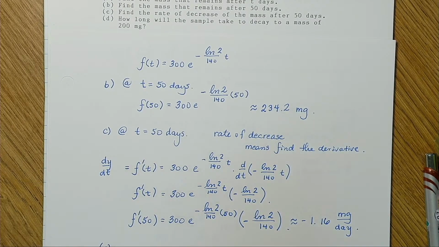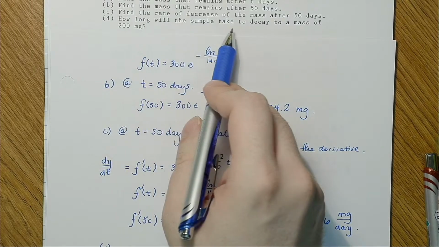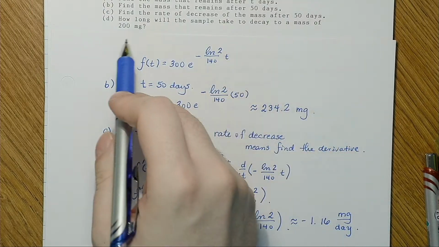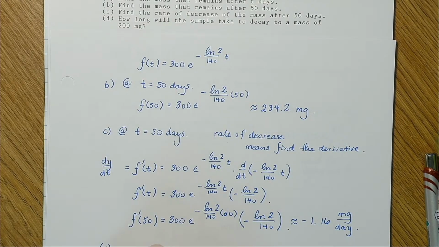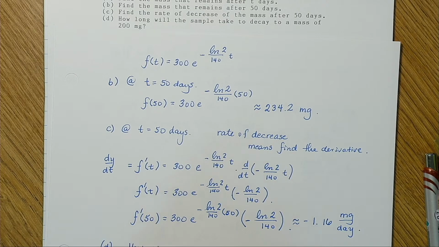And then we have D, where they're asking us how long will the sample take to decay to a mass of 200. So how long? So time equals question mark to get to 200 milligrams.